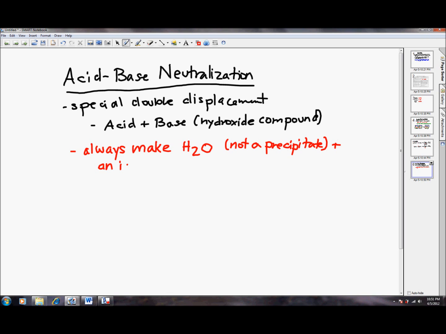And the other product they make is an ionic compound. And these are usually soluble ionic compounds that are created.